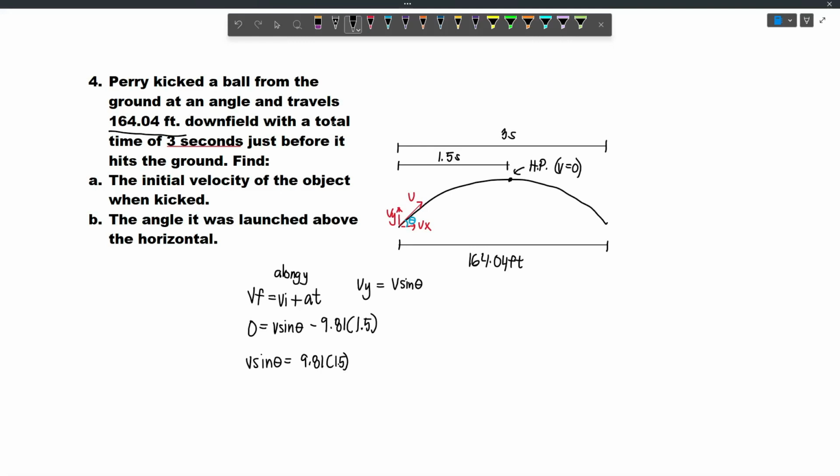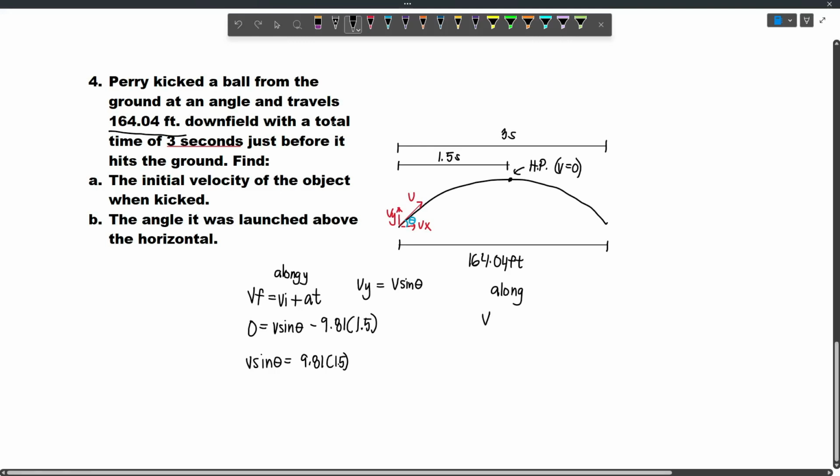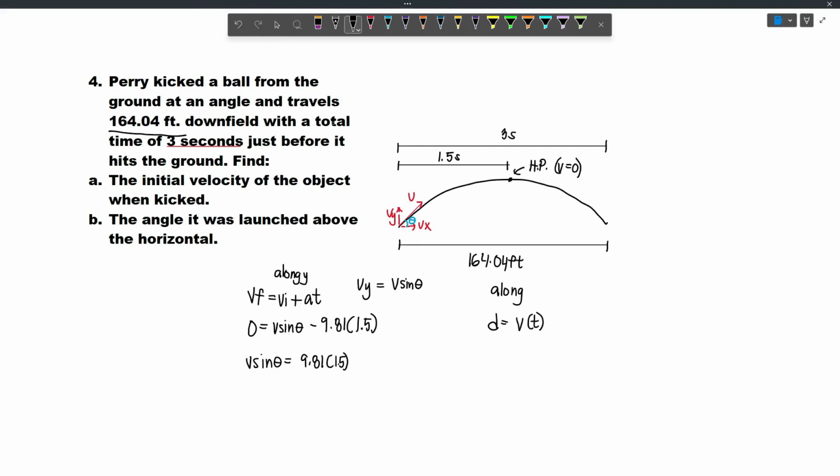Now let's also make an equation along x. The relationship here is distance, since that is what is given. Distance is equal to velocity times time, and our distance is 164.04 feet.